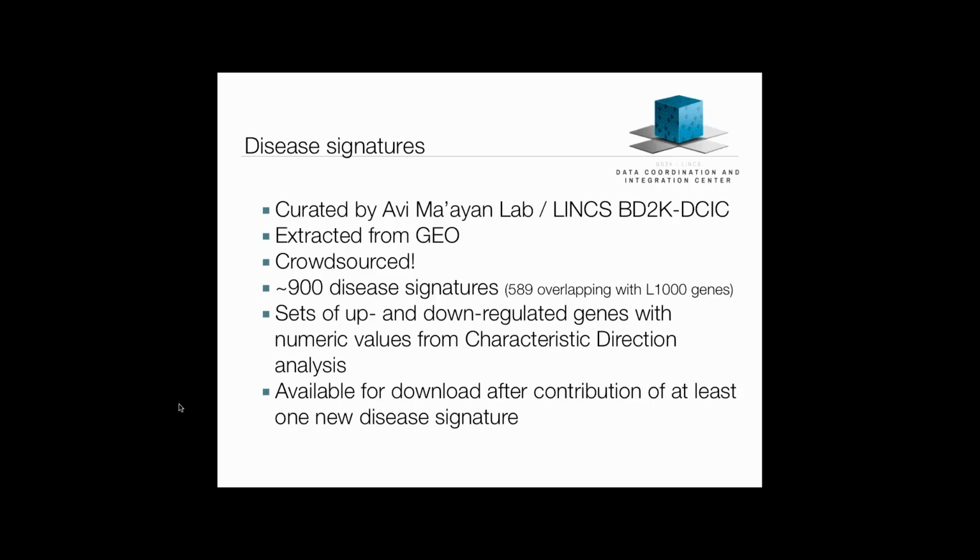So these were crowdsourced, and they've generated about 900 disease signatures to date, and 589 of them overlap with the L1000 landmark genes. They are represented as sets of up and down regulated genes with numeric values coming from the same characteristic direction analysis that was applied to the drug signatures. And they are available for download after you contribute at least one new disease signature.